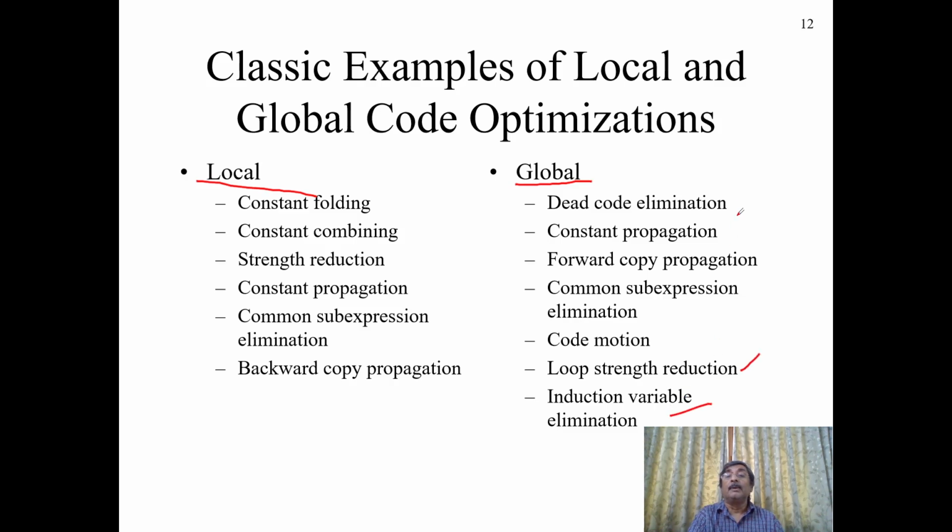This is new: dead code elimination. That's also new. So there are some optimizations that we do locally that can also be done globally, and there are certain optimizations which can only be done in the context of a global optimization. We'll look at each one of them in different slides. So let us start.